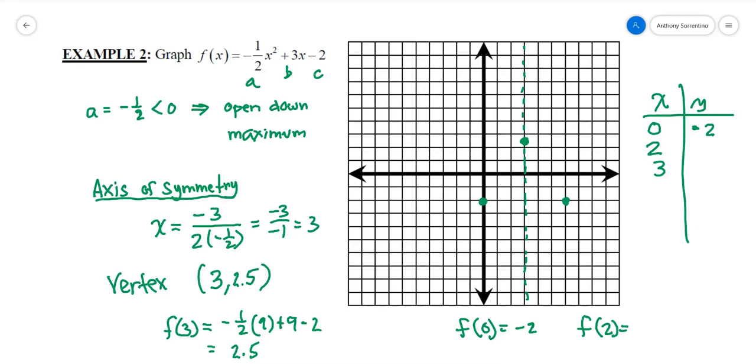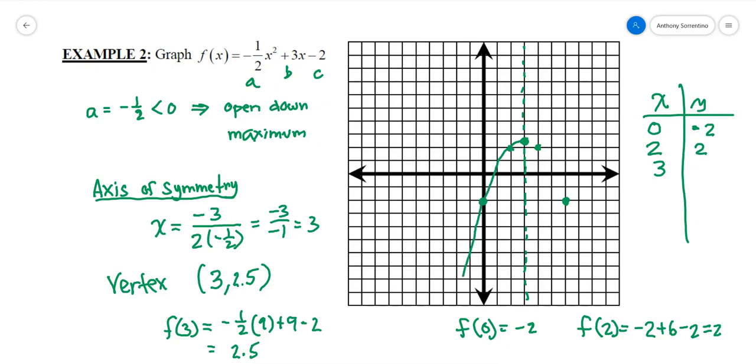Negative 1/2 times that gives me negative 2, plus 3 times 2, which is 6, minus 2. Negative 2 plus 6 is 4. 4 minus 2 is 2. So 2, 2 is a point. That's 1 unit to the left of the axis of symmetry, so 1 unit to the right should be its mirror image. And now you have enough to see what the graph kind of looks like.